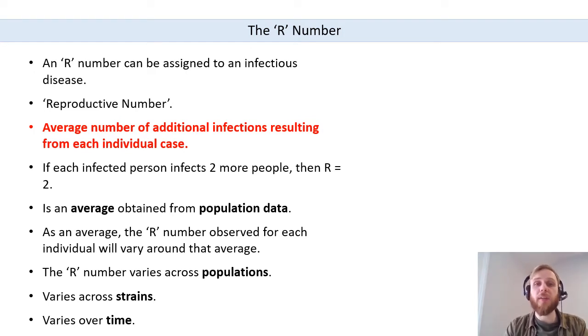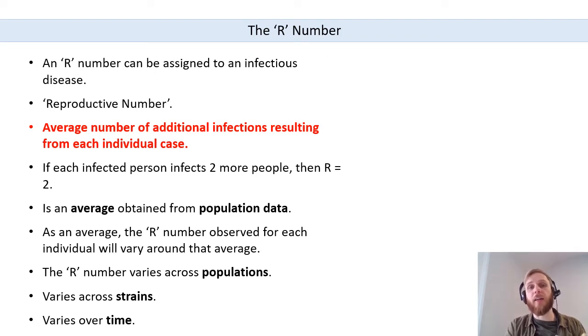Really important we understand it when we want to understand a particular infectious disease, because when we have the R number, we have a key piece of information about how rapidly we can expect the infection to spread throughout the population. And straight away here is an example, this R number, of information that is useful to us and that we can't obtain from individual medicine and individual studies of infectious disease.